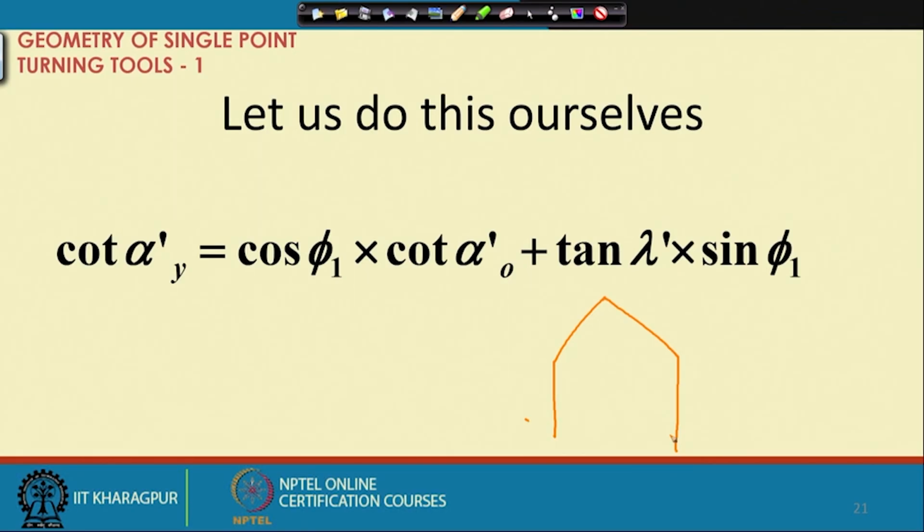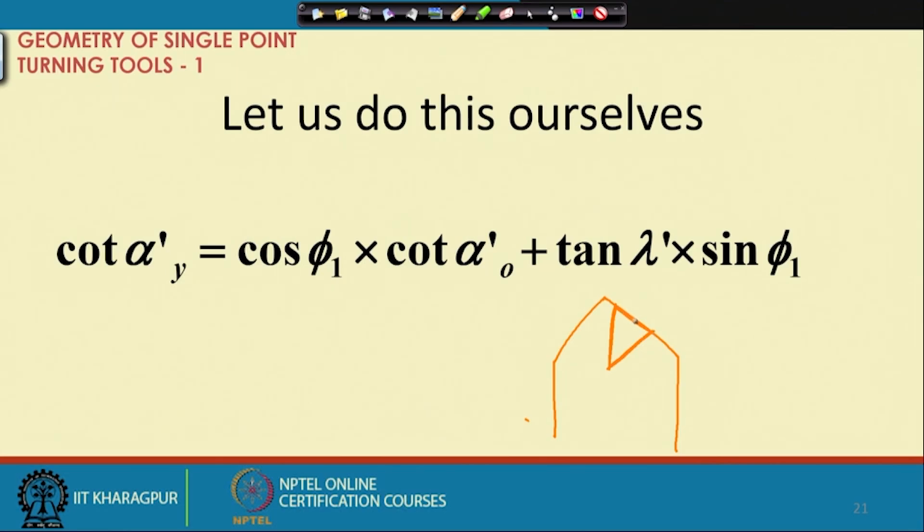Let us see. I have alpha O dash, I have alpha y dash, and I have tan lambda. So, the triangle that I have to draw will essentially have the machine transverse plane, and the auxiliary orthogonal plane. So, auxiliary machine transverse plane, auxiliary orthogonal, and this one.